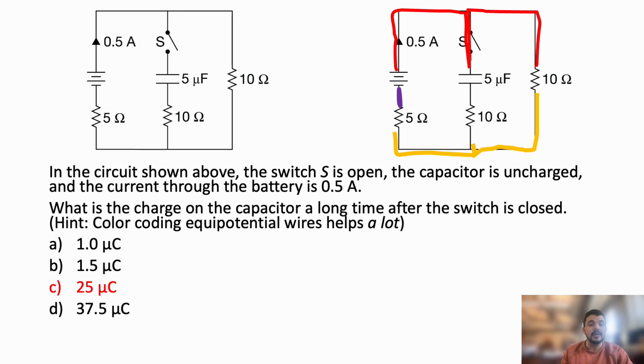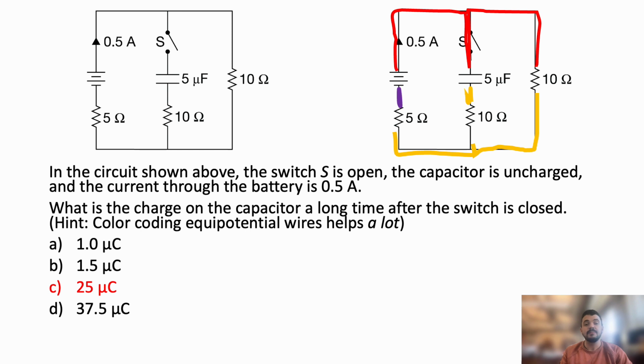Now, the key word here is that the switch has been closed for a long time, which means that the capacitor is charged enough to prevent any current flow down the branch with the capacitor. And so, there is no flow of charge through the middle resistor, which means that the difference in potential across that resistor must be 0. So both ends of that resistor are at the gold potential level.